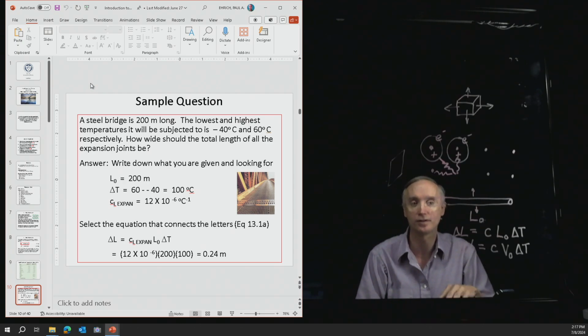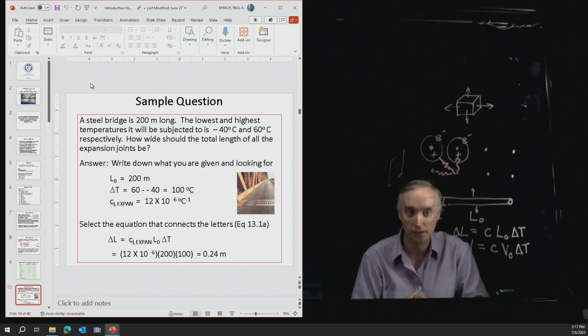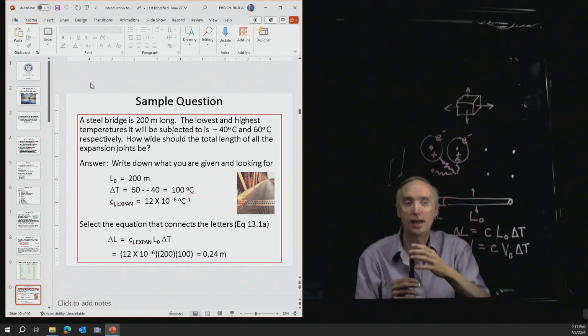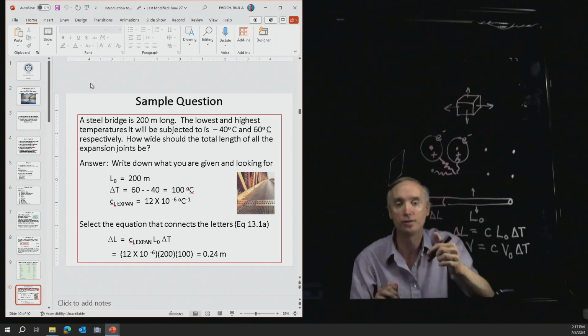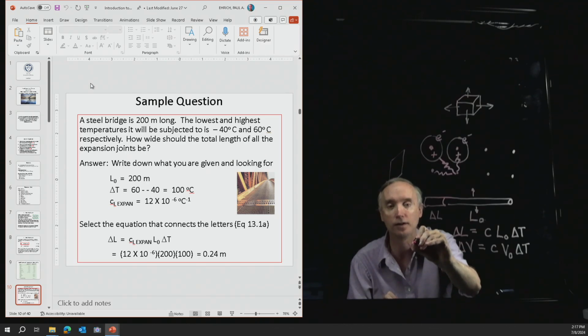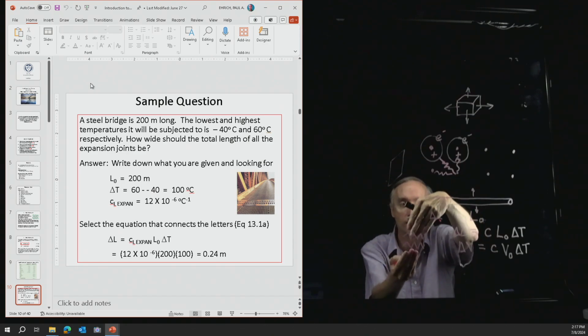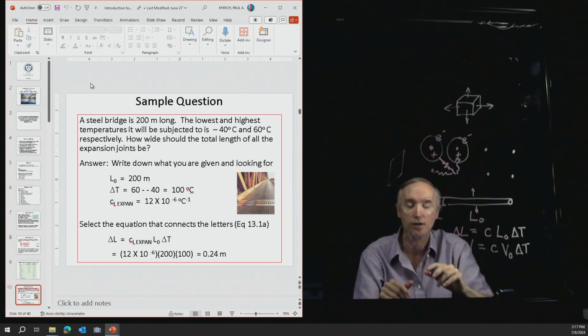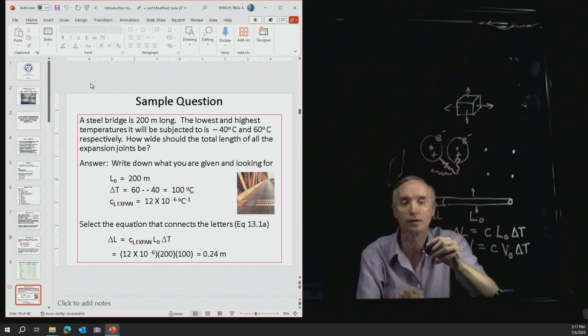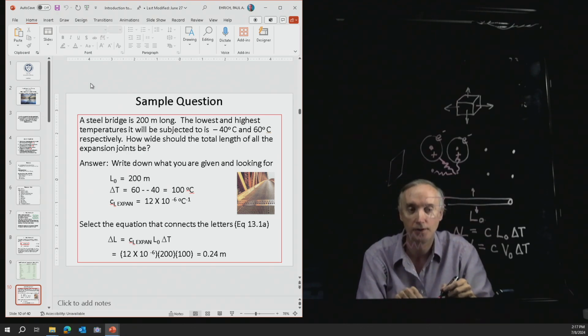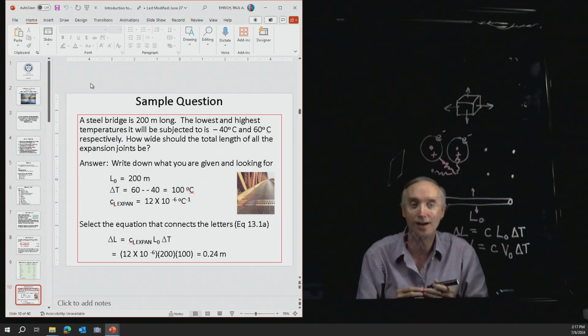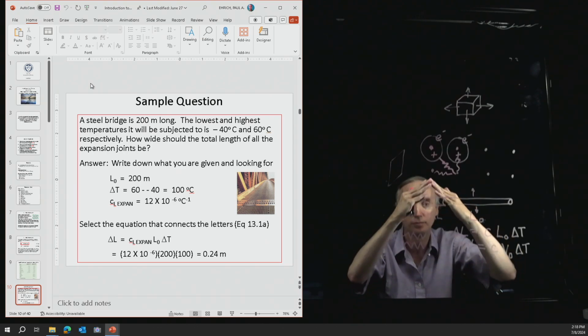You may not know what an expansion joint is, and so it's given in that picture there. As you go across the bridge, you will notice that there are these plates that have a jagged edge to them, and a lot of times that thing is covered over by a plate and then you drive across it. So what do you think is the purpose of these expansion joints? Well, if a bridge did not have expansion joints, then as it heated up, it would expand, and the bridge might buckle.